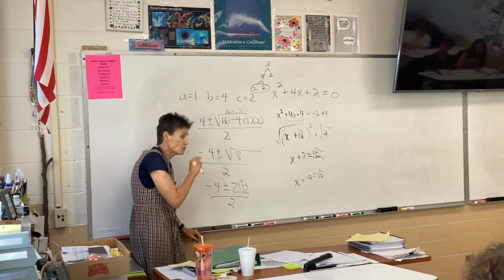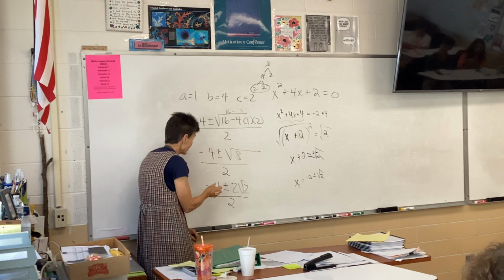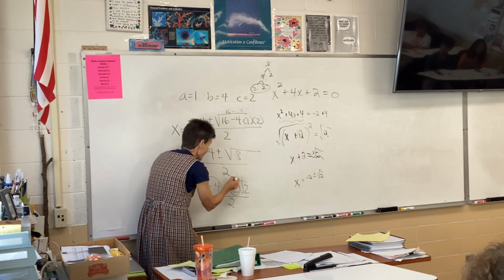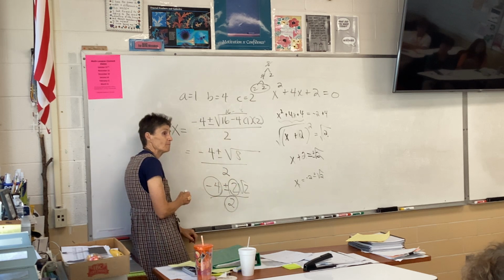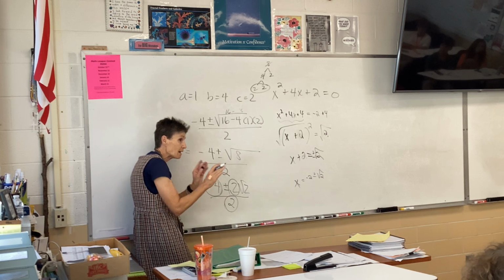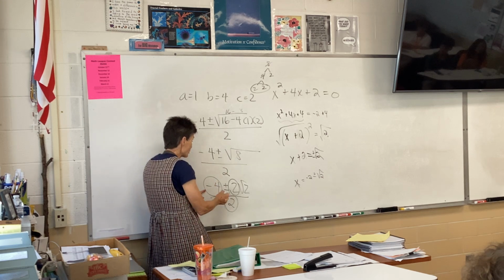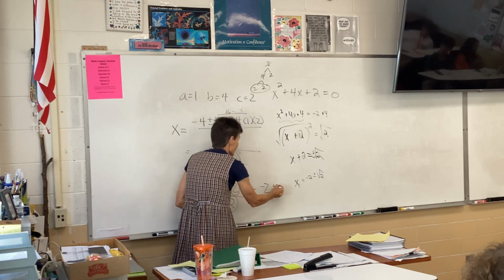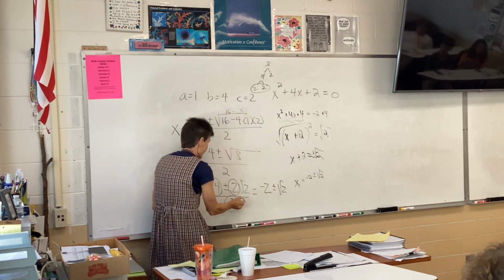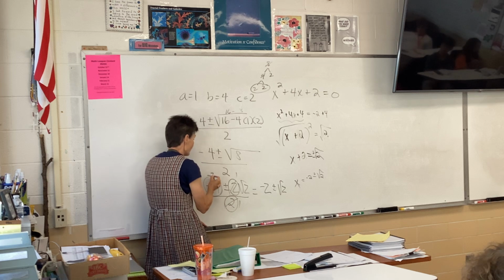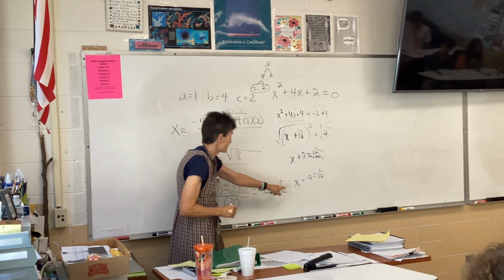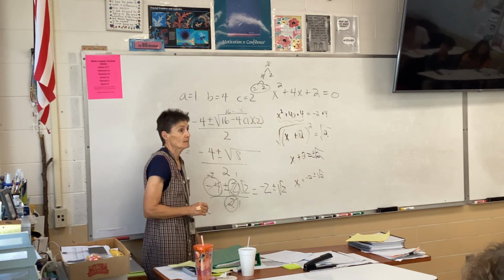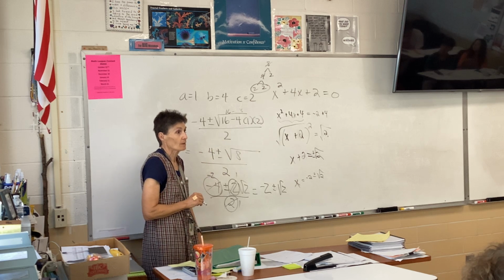Now, once you've simplified the rest, can I now cancel a 2 out of all those? That's the rule. You gotta take it out of everything. So if I take a 2 out, I'll have -2 plus or minus root 2. And notice that is exactly what Kendall got.